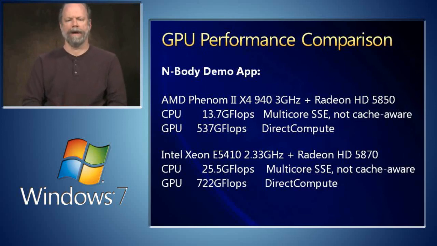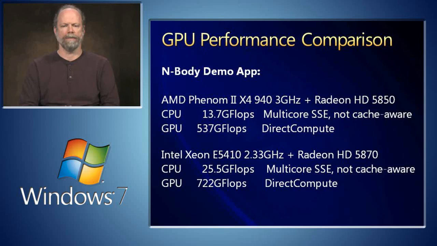Another example of the performance difference between CPU and GPU is the n-body simulation calculation, which is a fundamental component used in astronomy but also in molecular modeling. And here we see a case where we've got two configurations of relatively common machines where an SSE optimized implementation of this algorithm delivers about 13 gigaflops, and the GPU version is about half a teraflop on the first configuration.